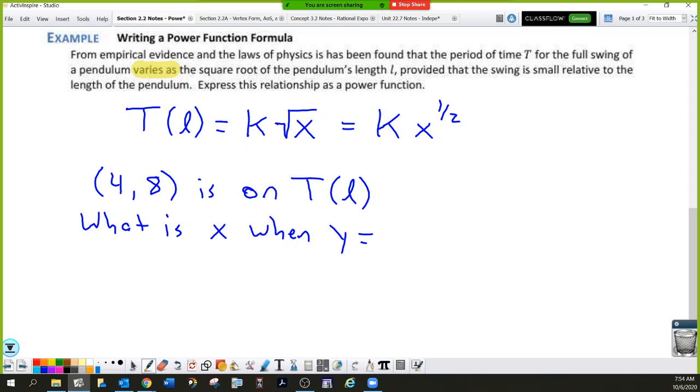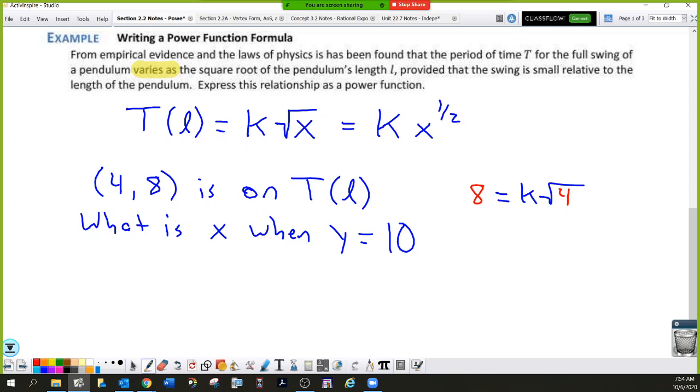I'm just going to make something up and I hope it works, okay? 10. Just put me on the spot. So let's go ahead and use the knowledge we have to solve for this unknown k now. Well, I've just told you that the y value is 8. That's T of L is 8. So you go, great. 8 equals some unknown k times the square root of, well, x was 4.